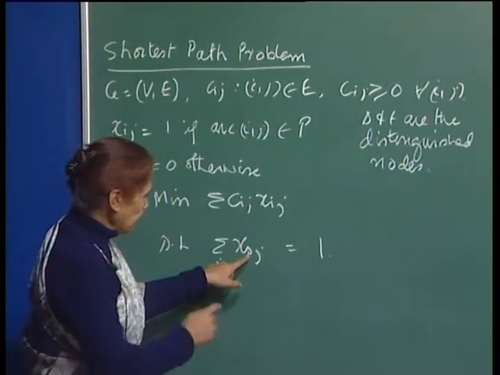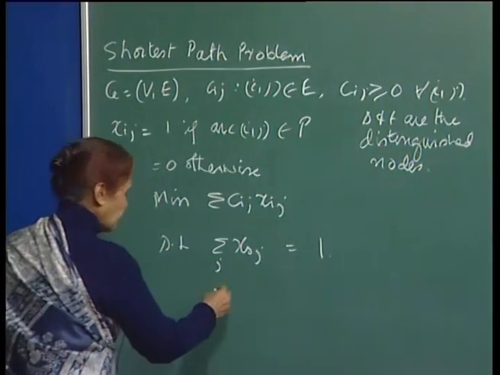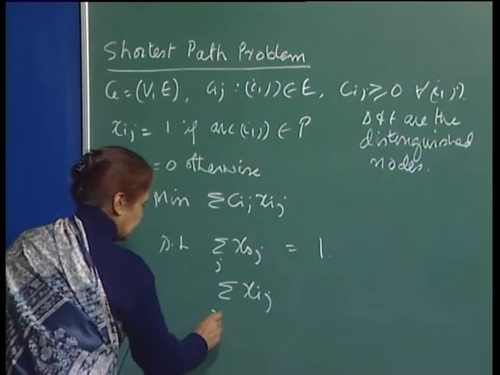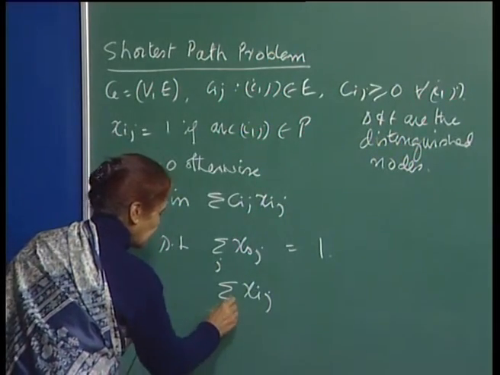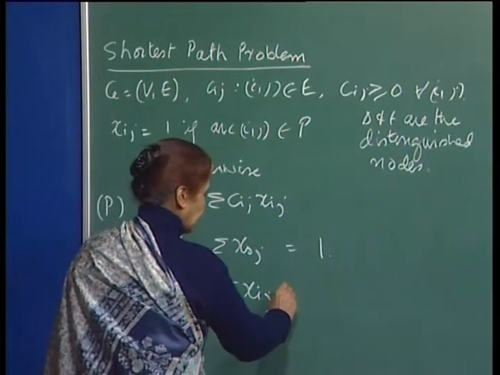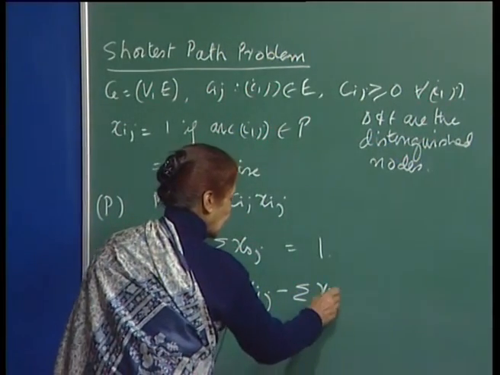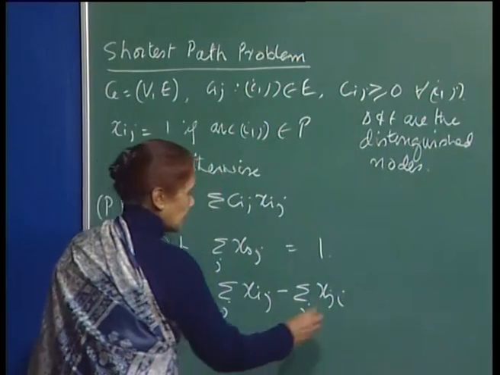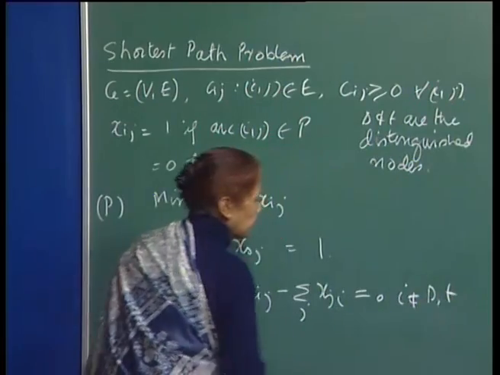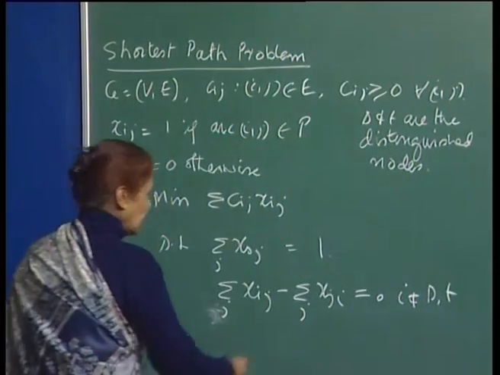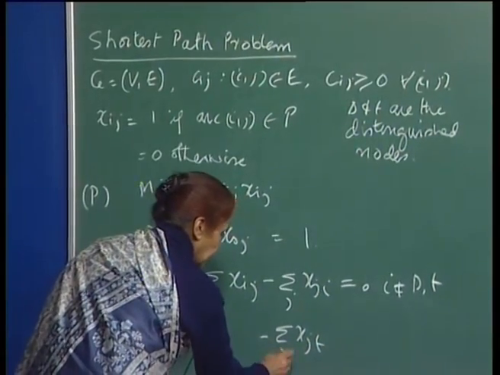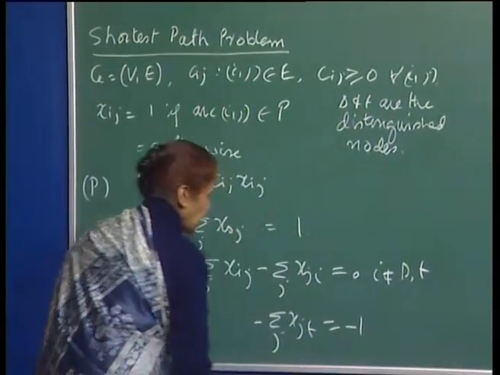We had gone through this formulation earlier, and then for the intermediate nodes, summation xij over j minus summation xji over j is 0 when i is not equal to s, t. And then the final one is summation xjt over j is equal to -1.